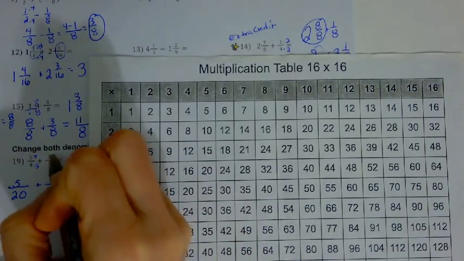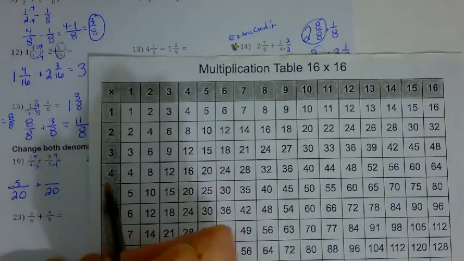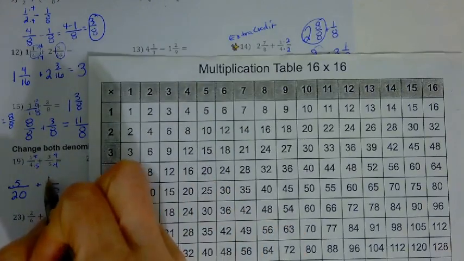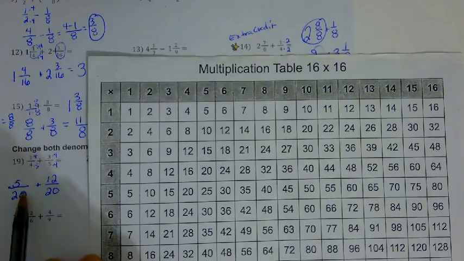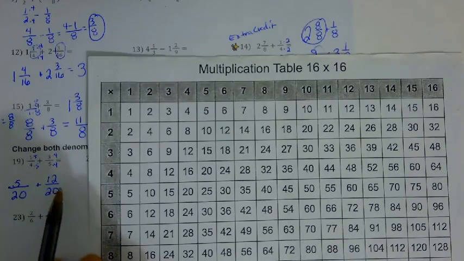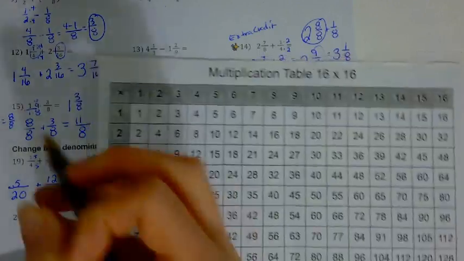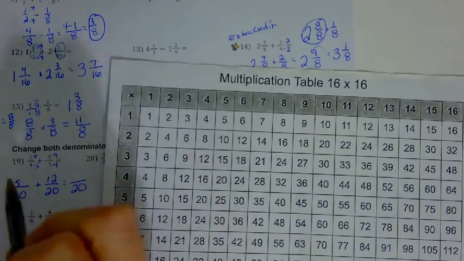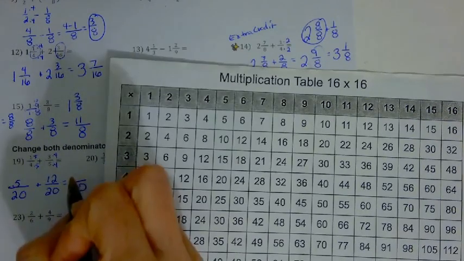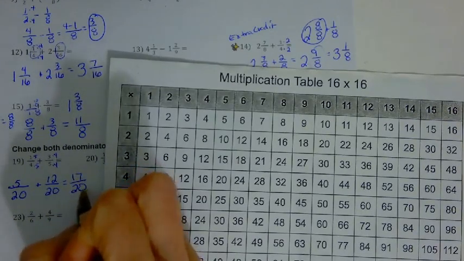And 3 times 4 is 12. So now we've rewritten 1/4 to mean 5 over 20, and we've rewritten 3 over 5 to be 12 over 20. And now our denominators are the same, so we can add up the numerator. 5 plus 12 is 17, and we keep the denominators 20, and so that is how you do these.